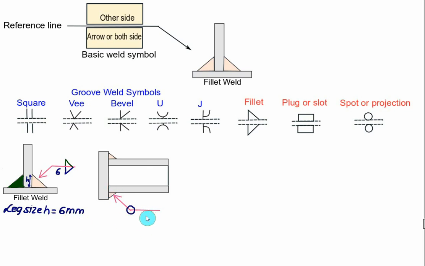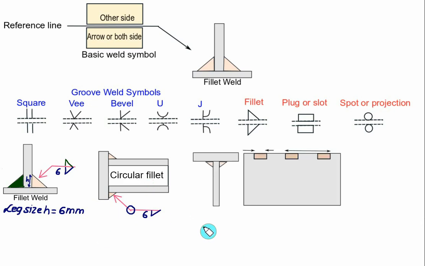So I will write here 6, and this side represents the fillet weld. So we have to use the symbol for fillet. This doesn't mean that we are on the top side, that is the other side. Actually the welding is done around the circumference of a pipe, and therefore you have to show a circle, that is, the weld is all around. So this is the case of a circular fillet.